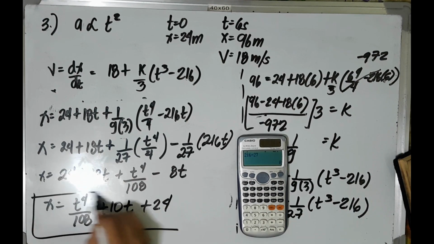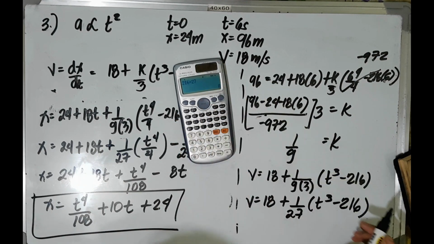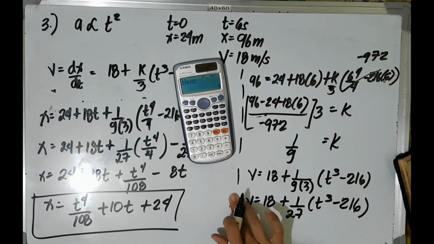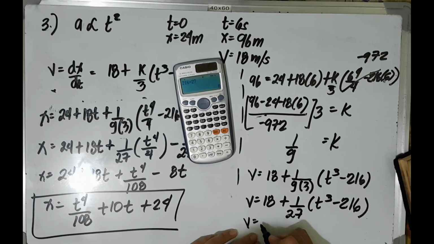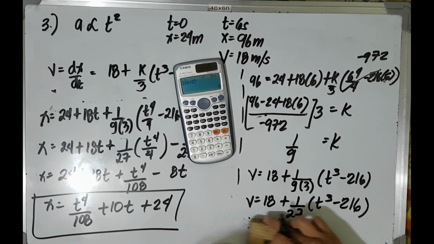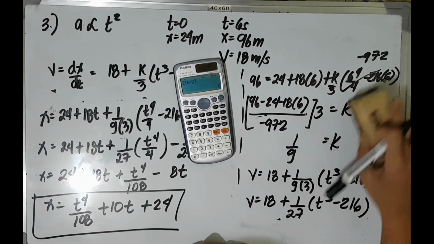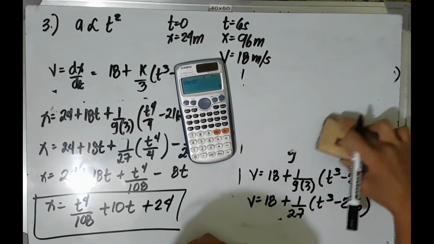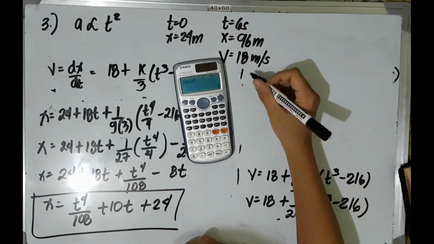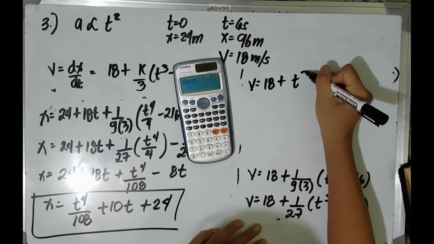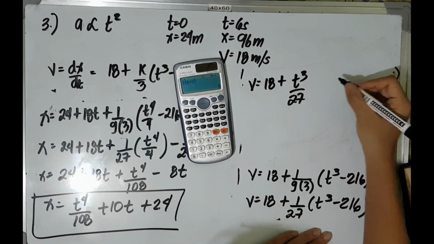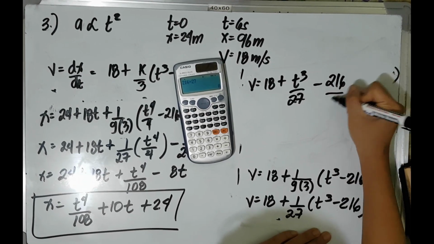And then this one, the v, it can be further simplified. So, simplify lang natin. Sorry, hindi ko napansin kanina. Subject to further simplification pa pala yung velocity natin. So, v is equal to 18 plus t raised to 3 over 27 minus 216 divided by 27.